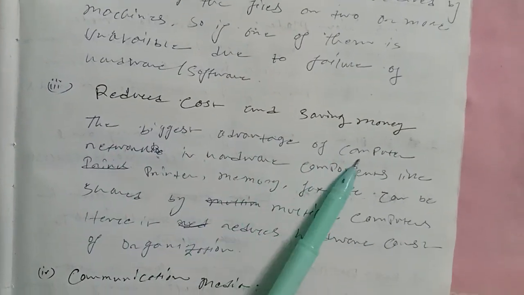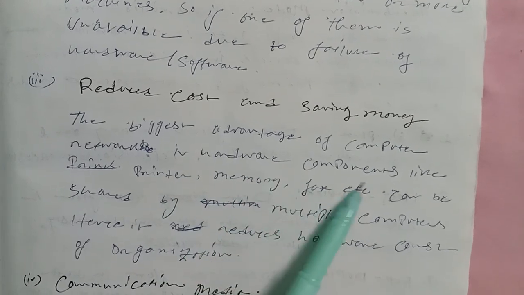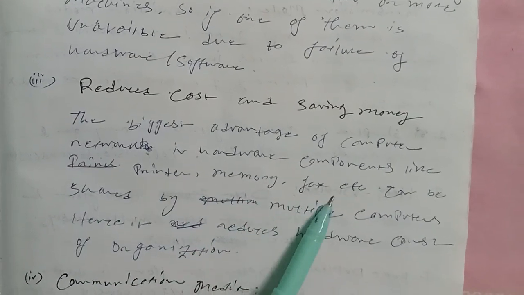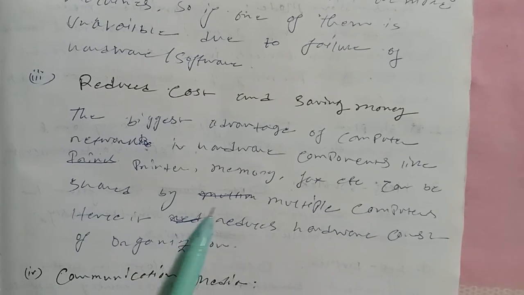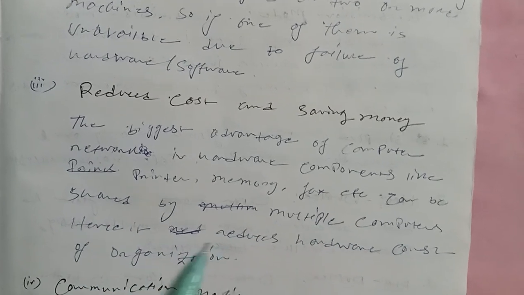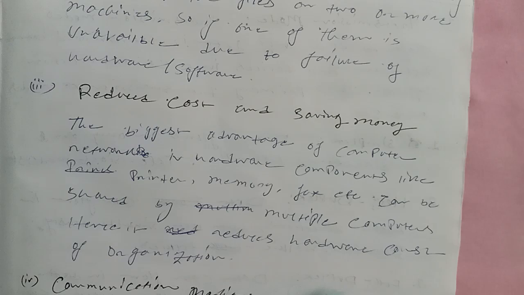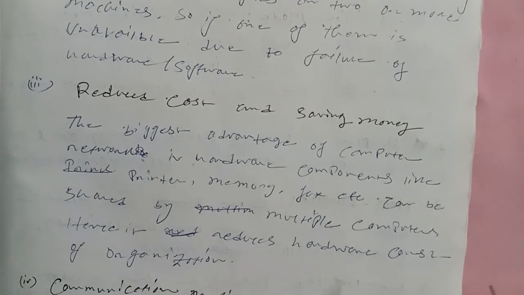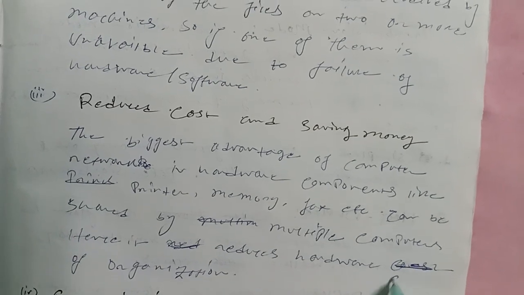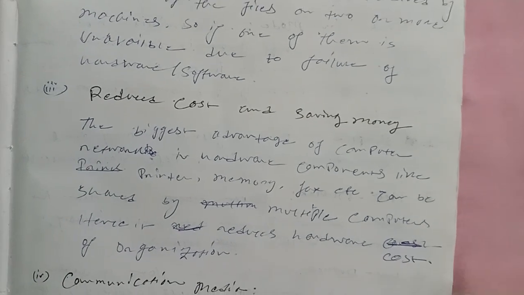The biggest advantage of computer networking is that hardware components like printer, memory, fax, etc. can be shared by multiple computers, hence it reduces the hardware cost of the organization.